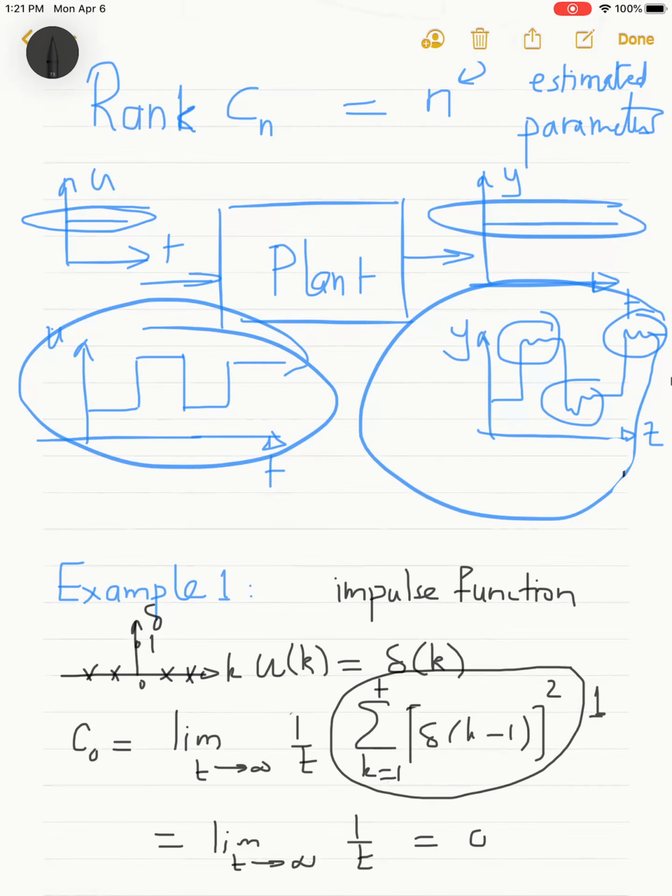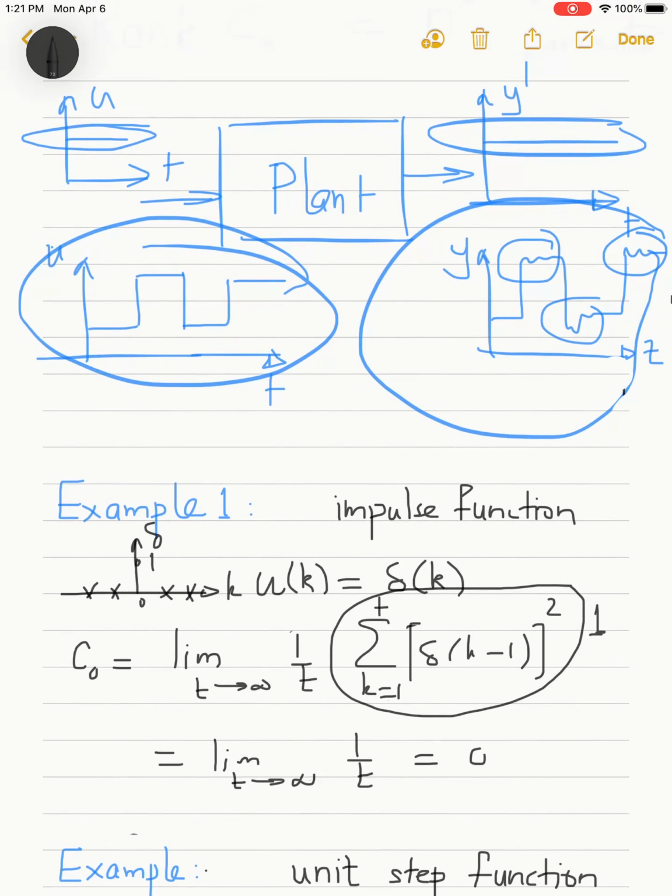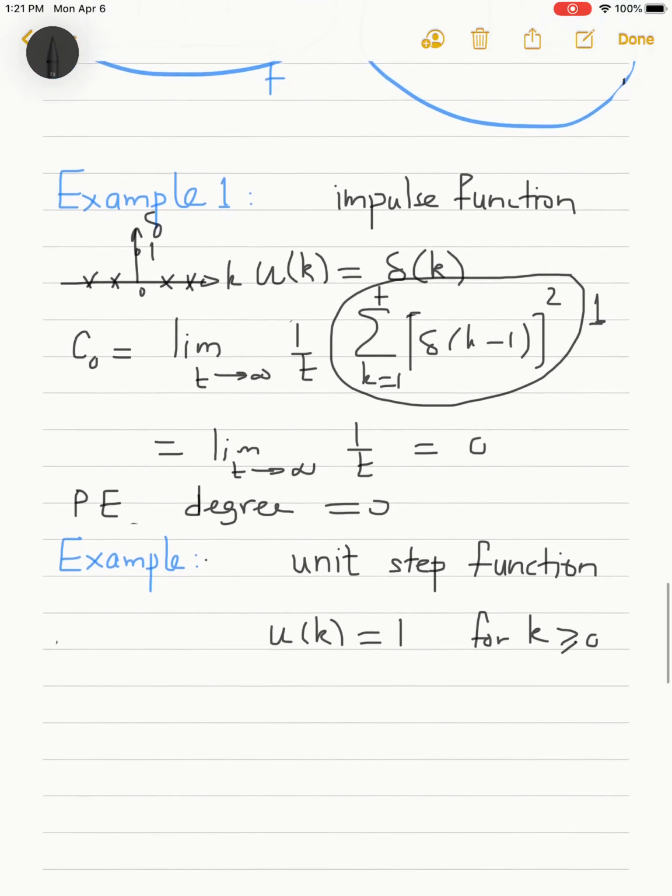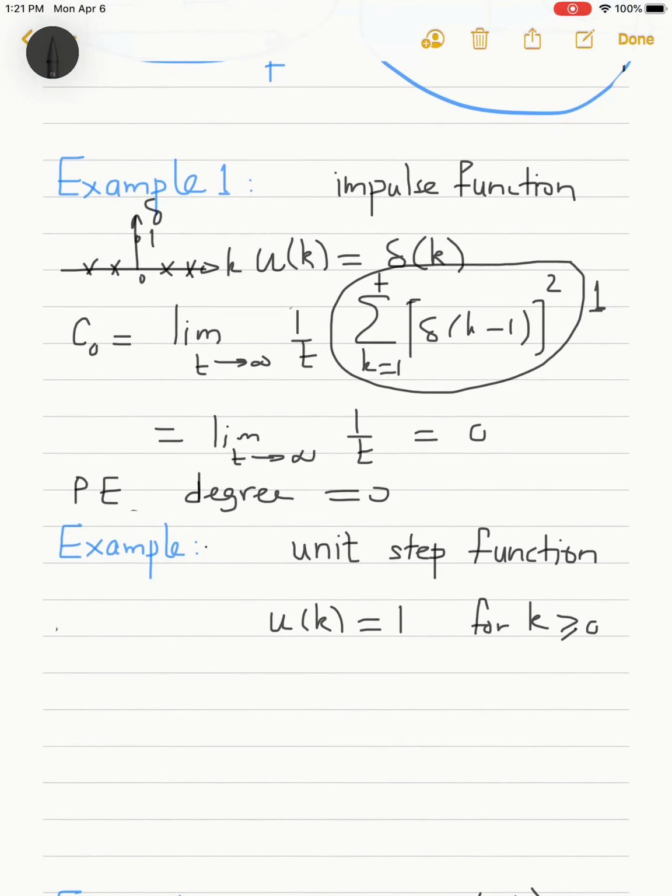In conclusion, the persistent excitation degree of the delta function is equal to 0, which means that we cannot really use the delta function as an input signal to carry out a parameter estimation experiment. Let's move then to the unit step function.